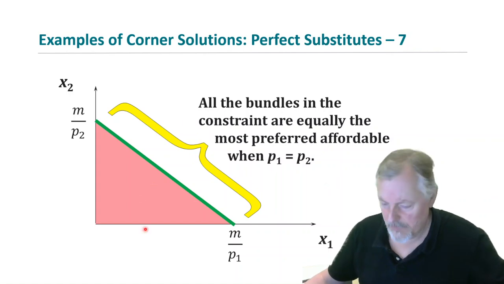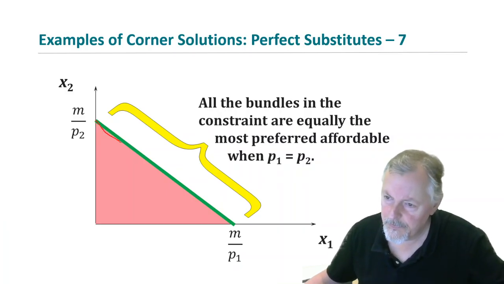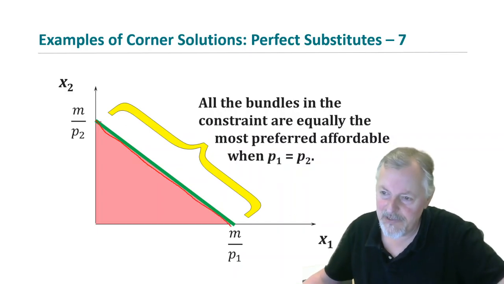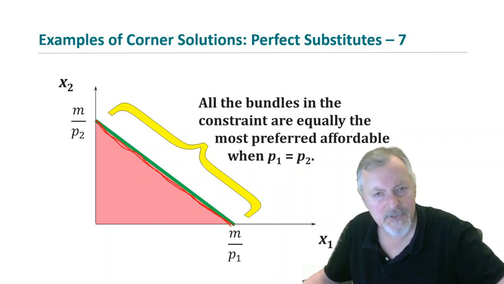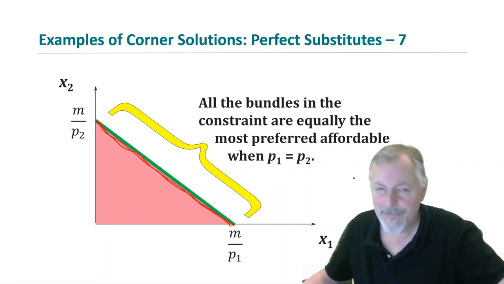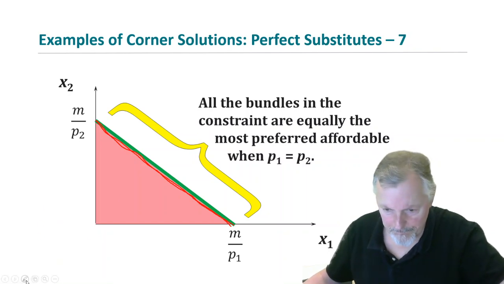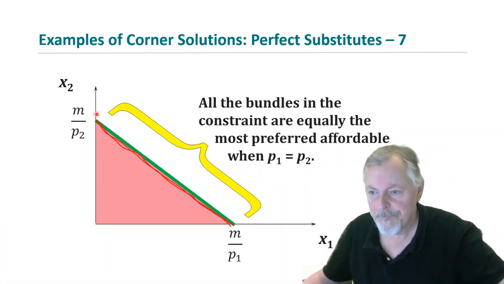If the budget constraint, let's see if I can do this, wow, I'm bad at this. If that's the budget constraint, and that horribly drawn thing is an indifference curve, imagine they're one on top of each other, then there we go.